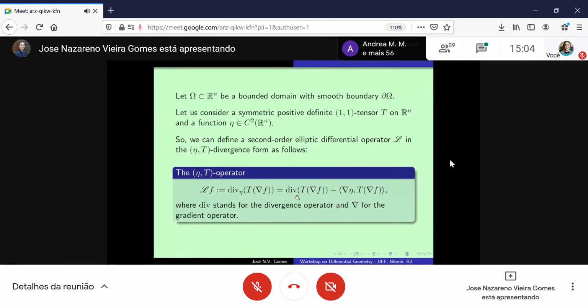This one. Here is the standard divergence operator, and this one is the gradient operator. If you need more detail about this operator, I can explain after this talk.